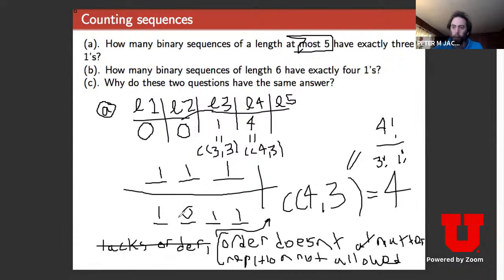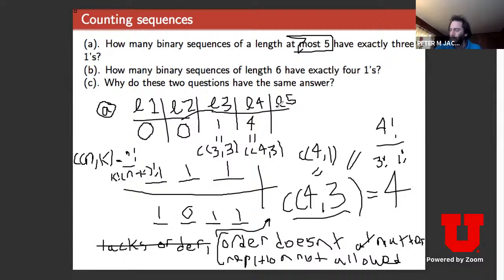And there are 4 ways to select 1 slot to not have a 1. So 4 choose 3 is the same thing as 4 choose 1, and 4 choose 1 is 4. But generally, if you need to figure out the actual number for a combination, you'll need to use the actual formula, which if you don't remember is, if this is n and this is k, so we're doing n choose k, that's n factorial over k factorial times n minus k factorial.